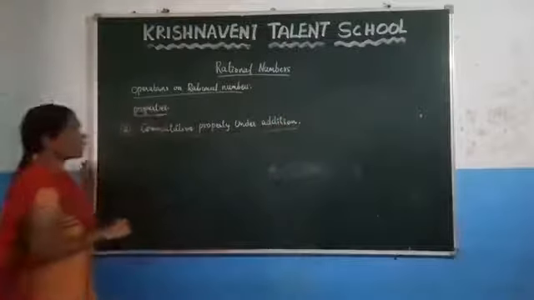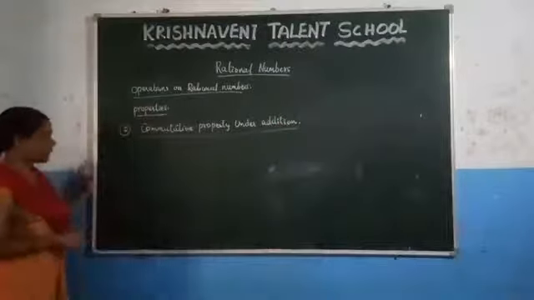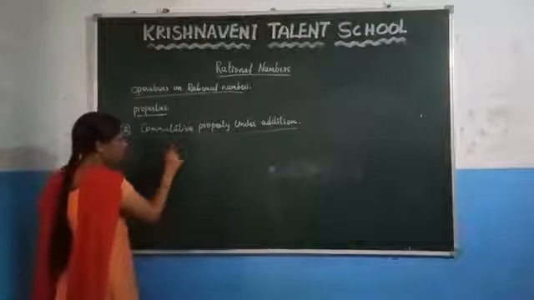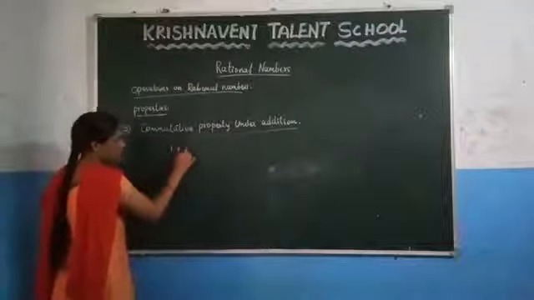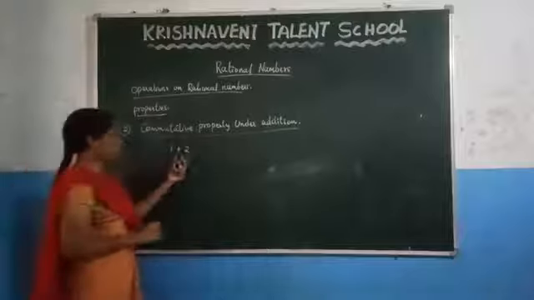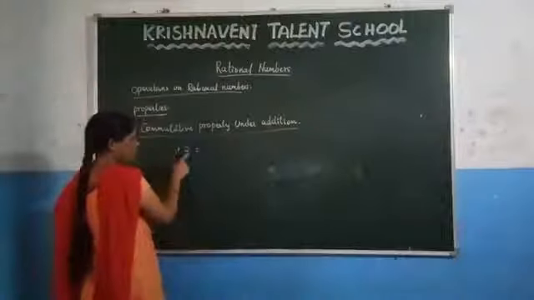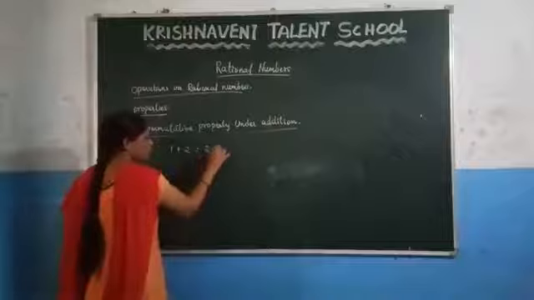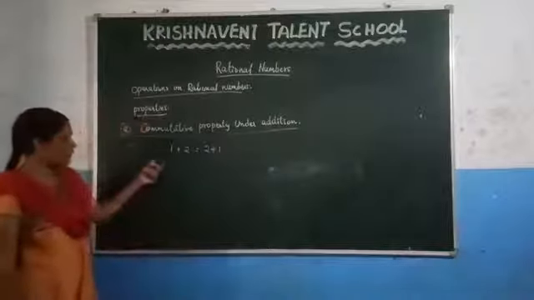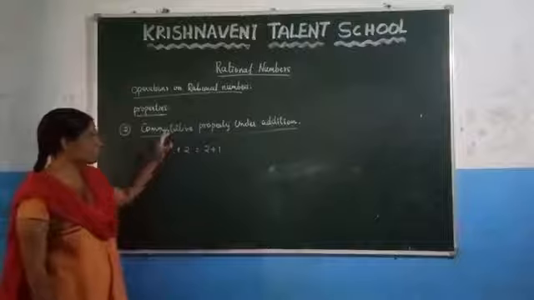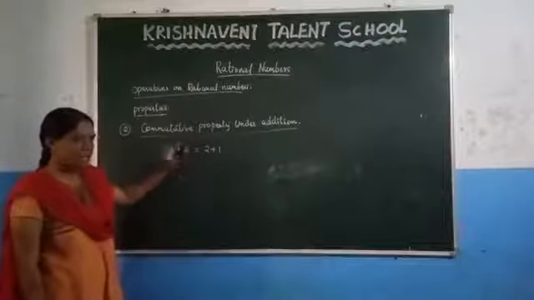Here the commutative property states that if you consider any two rational numbers and change the order, let us change this order: here we have written 1 plus 2, write here as 2 plus 1. After changing the order you have to get the same result. Then we can say that the commutative property holds good under addition.